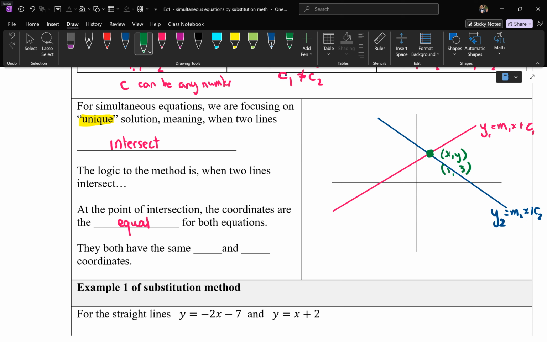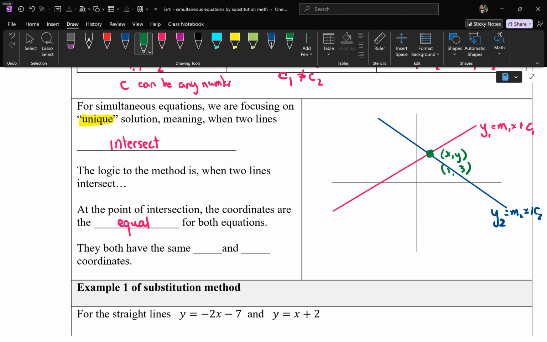And if you sub 1 into equation 2, it should also be 3. Because the rules are different, they're only the same right there. They have to have the same x and y coordinates, right? So whatever the rule is, if you put x equals 1, both the y values have to be the same. That's what I'm trying to say here.